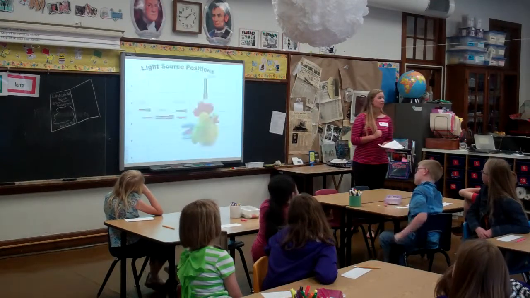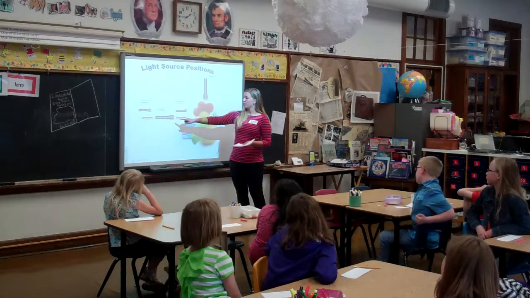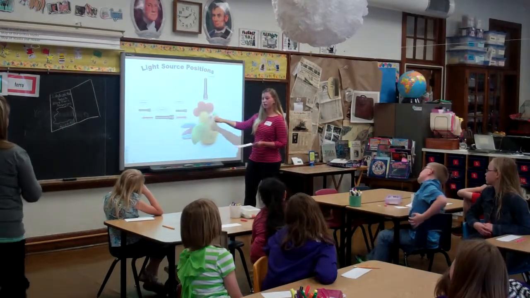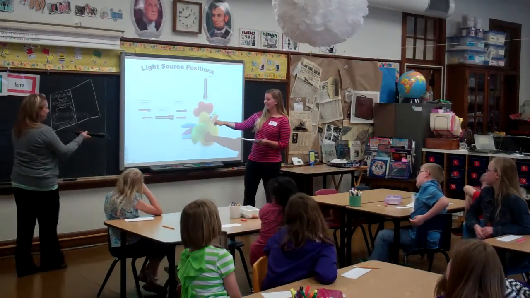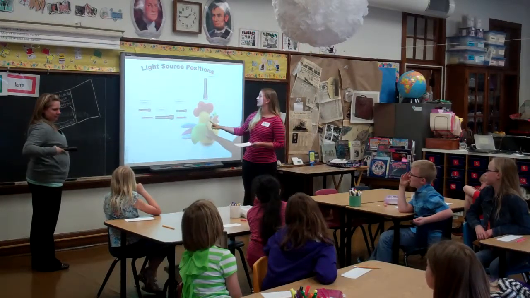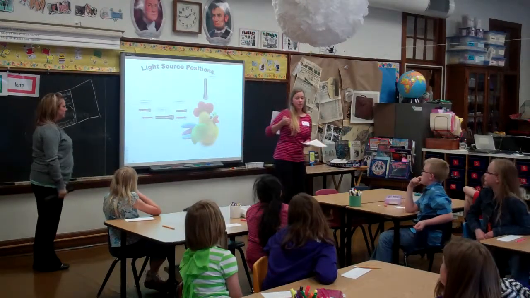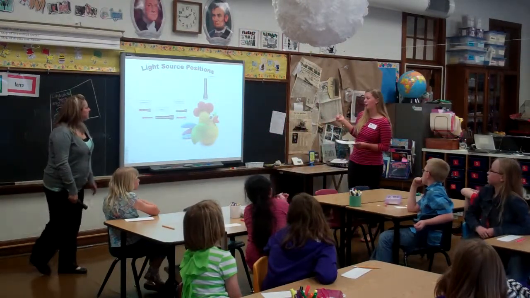Alright, so position A is your starting position, and then position B, you'll just move it closer. And then position C, you'll move it further away from your Play-Doh object. And then position D will be right on top of the object, okay? And don't forget position E, you can put it wherever you want to create a shadow.